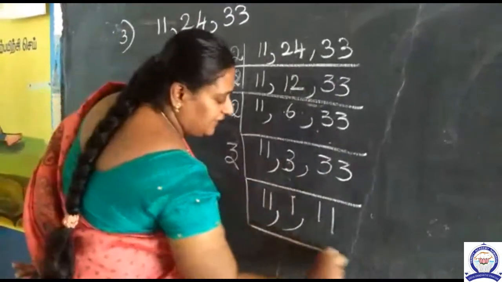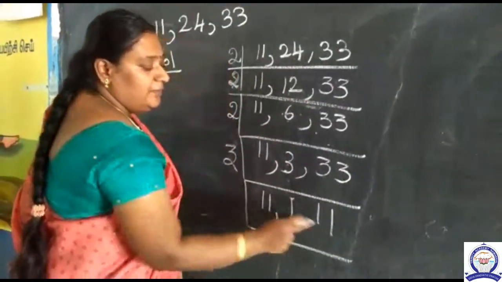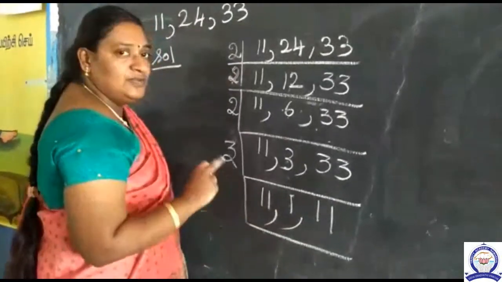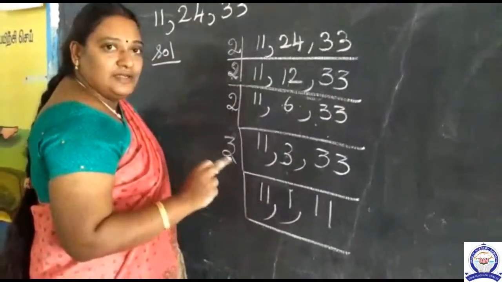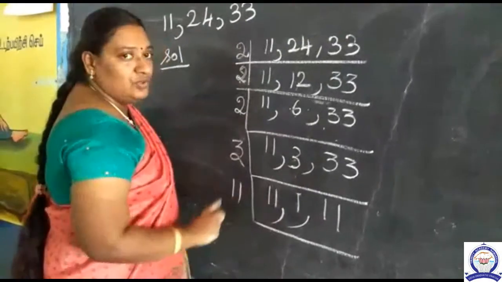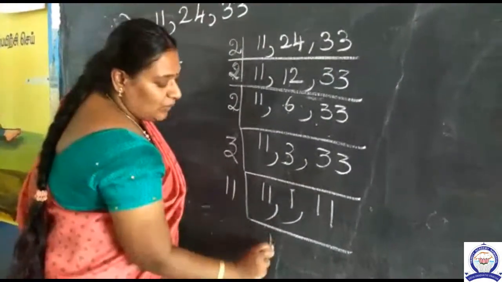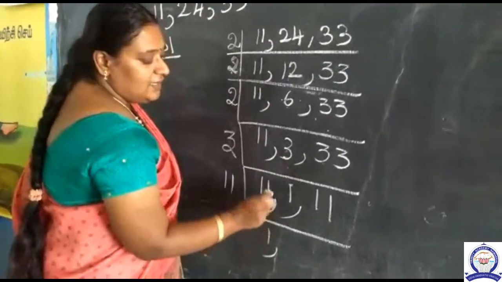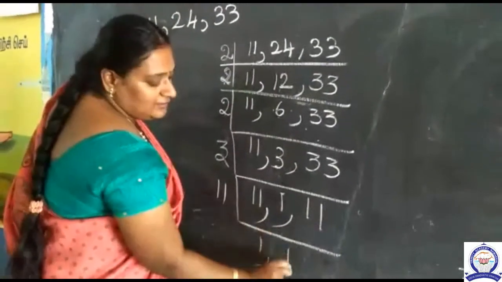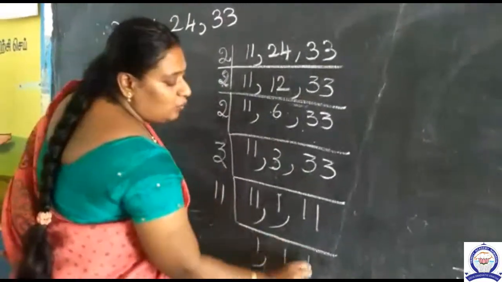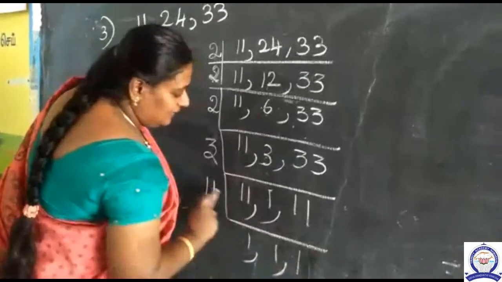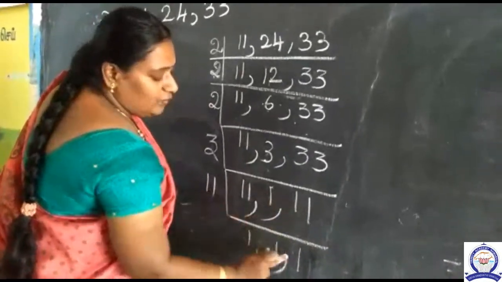Next step, 11, 1, 11. Both are 11. 11 won't come in the 4 table, 5 table, 6 table, 7 up to 10 tables. It will come only in the 11 table. So 11 1s are 11. 1 won't come in the 11 table, so keep it as it is. 11 1s are 11 again.